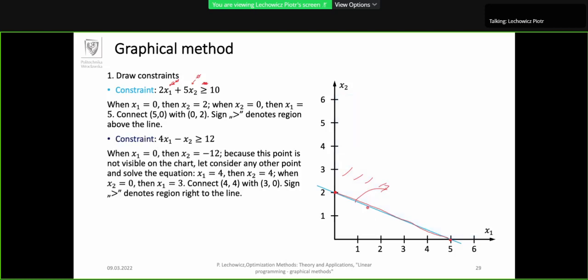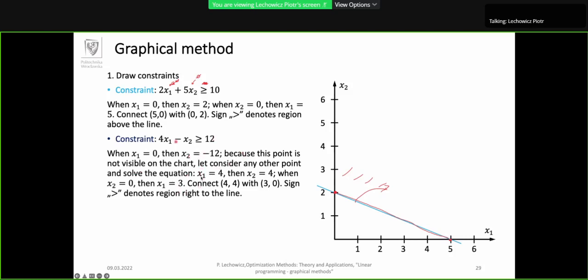So let us move to the second constraint. x1 minus x2 has to be greater or equal than 12. Again, we assume that the first variable is 0. If it's 0, then x2 has to be minus 12. And because we drew such a chart, it's outside the scope of our chart, so we can select any other point and solve the equality.